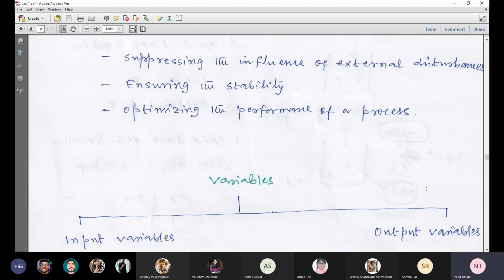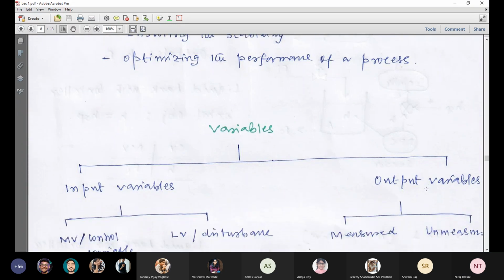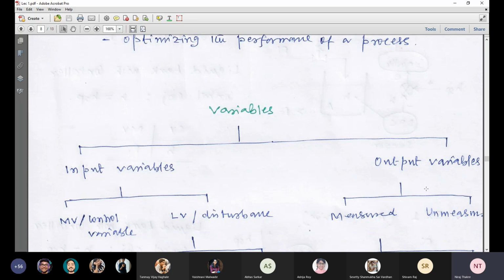The classification of variables which I am going to discuss here is exclusively valid for process control course. Fine. Now, variables we can classify into two categories: input variable and output variable. Now, input variables are again two types.